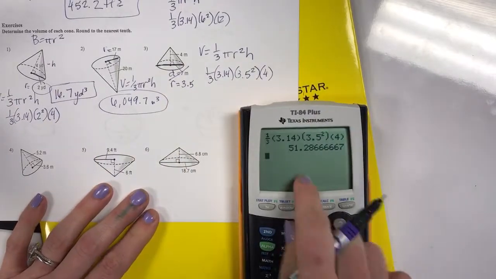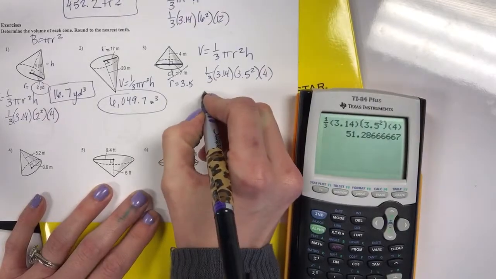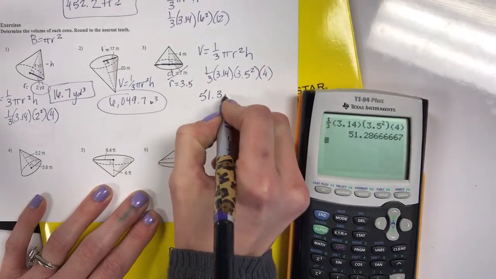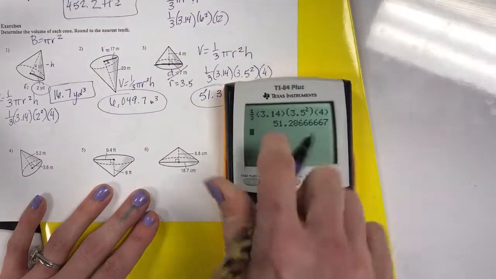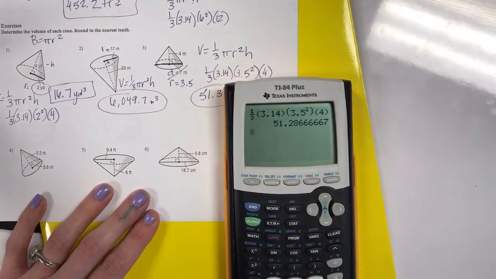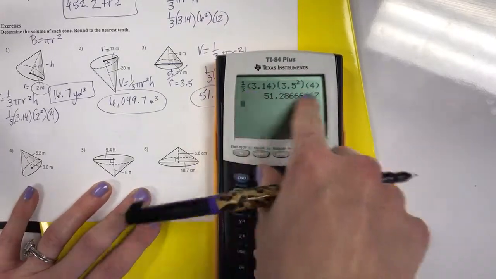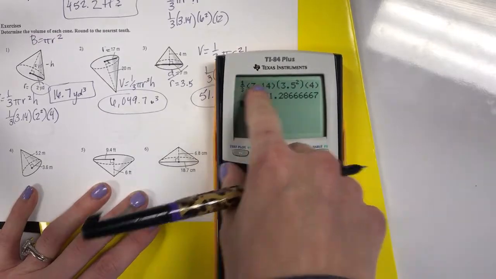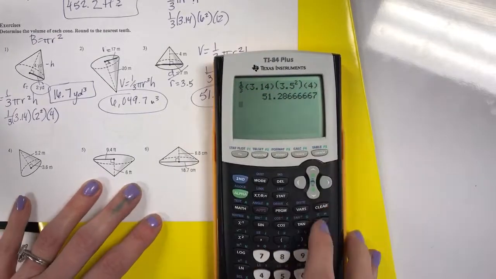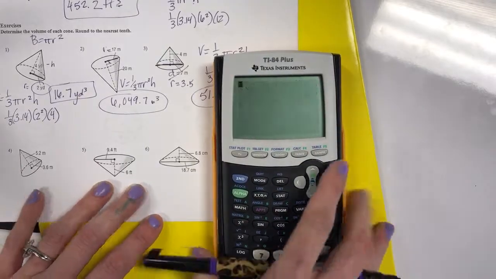We get 51.3, rounding to the nearest tenth. So 51.3 meters cubed. Again, you don't have to use those parentheses; you can use your multiplication sign. If you're using the multiplication sign, the parentheses aren't necessary because that tells it that it's multiplying. Just wanted to remind you.